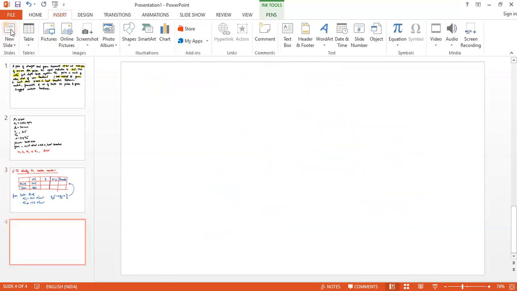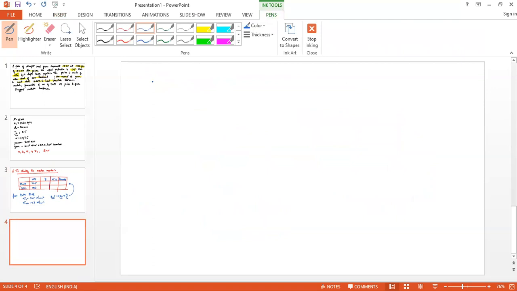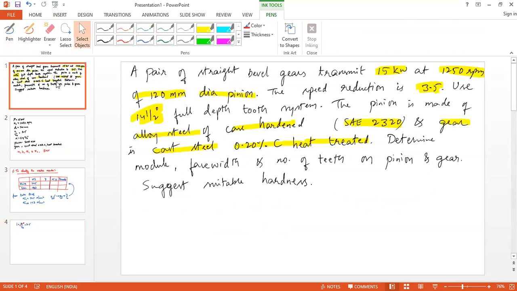So first, it is given that i is equal to N1 by N2, that is equal to 3.5. And N1 is 1250.